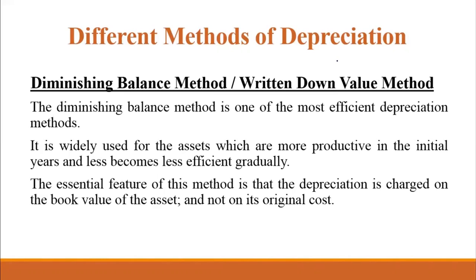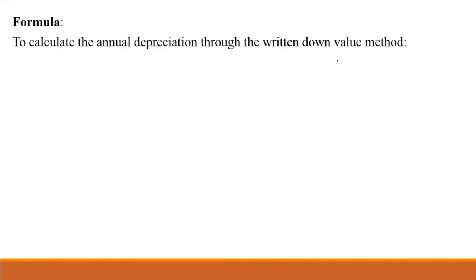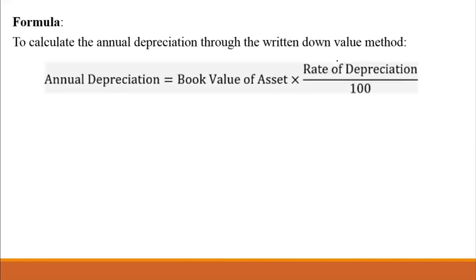So how are we going to calculate the diminishing balance method? We have here the formula to calculate the annual depreciation through the written down value method. Annual depreciation is equal to the book value of the asset times the rate of depreciation over 100.